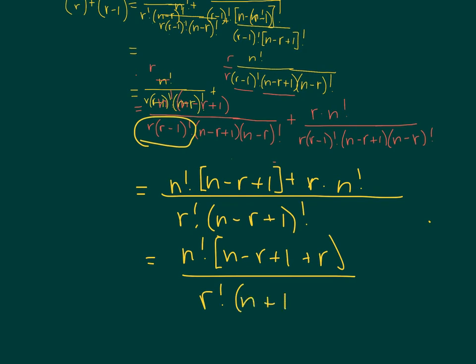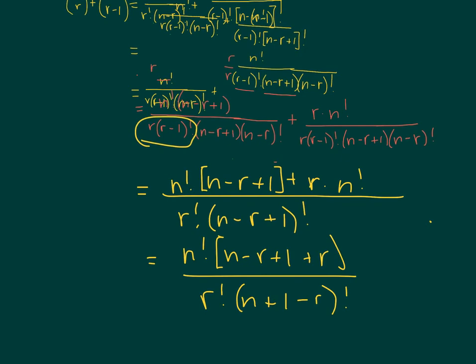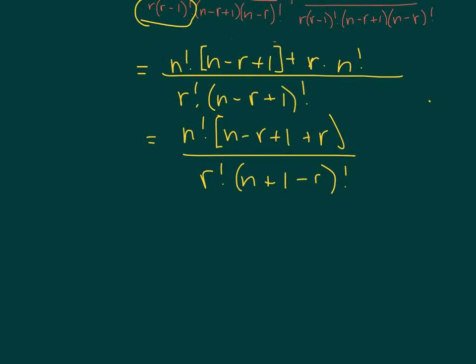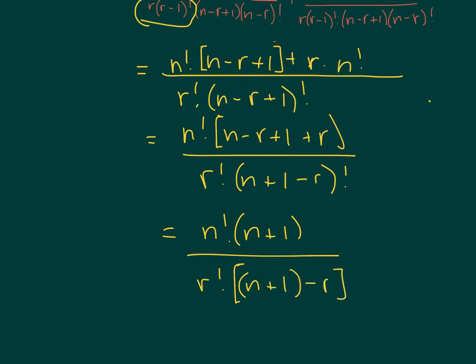I'm going to write that as n plus 1 minus r factorial. Let's tidy this up. In my numerator, I have n factorial times n plus 1. In the denominator, I have r factorial times n plus 1 minus r factorial.